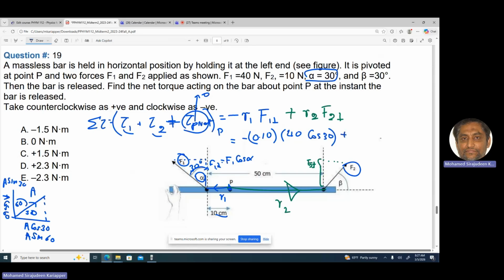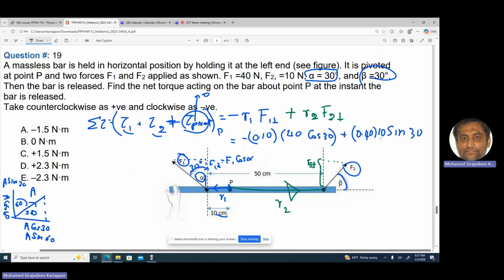Plus r2 is how much? 50? No, not 50 centimeter. Tell me how much is r? 50 minus 10, right? 40 centimeter. And the angle beta is with the r. So it will be f2 sine, how much is beta? 30.